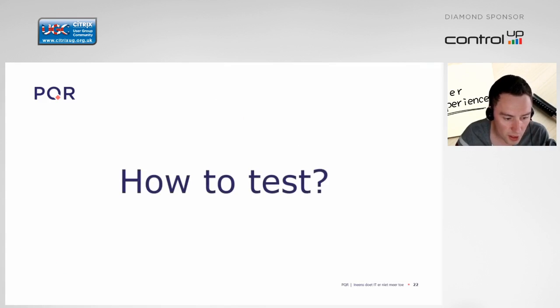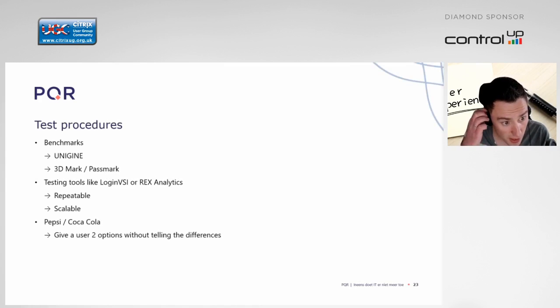All right, so now we have talked about the different encoders. Let's go to some tests. But first of all, how to test. As I said in the beginning, it's good to test with your own applications, but sometimes you just want to do a repeatable test.